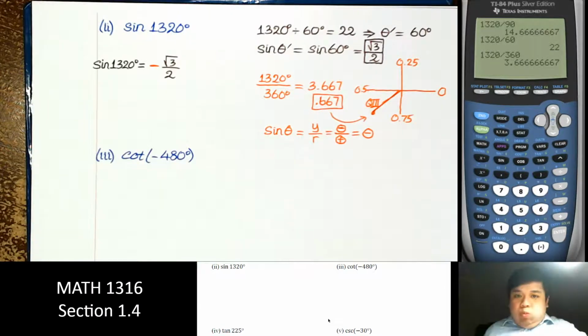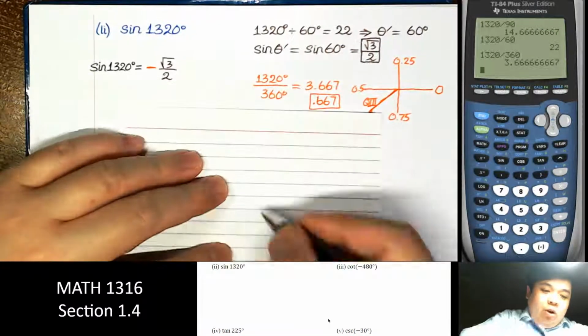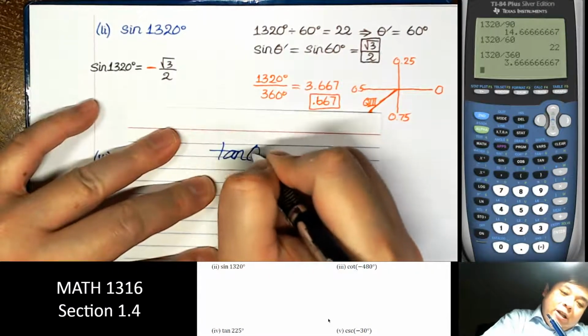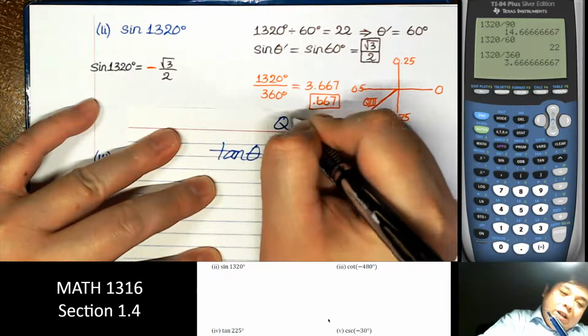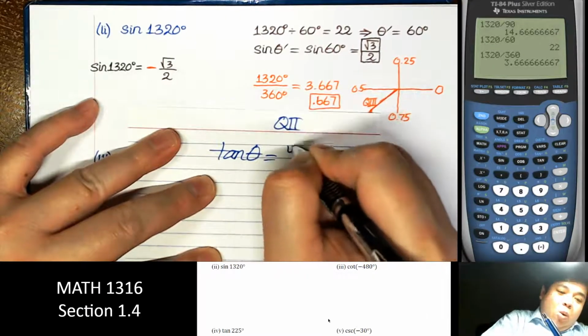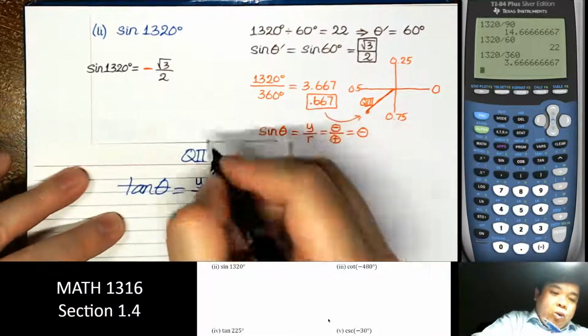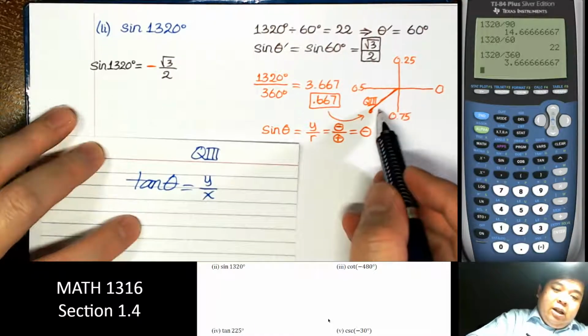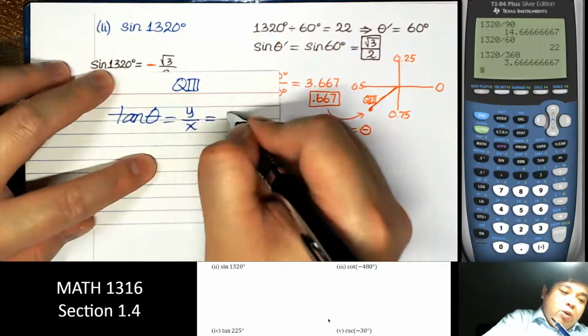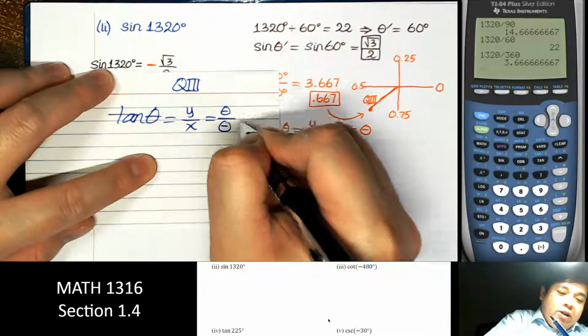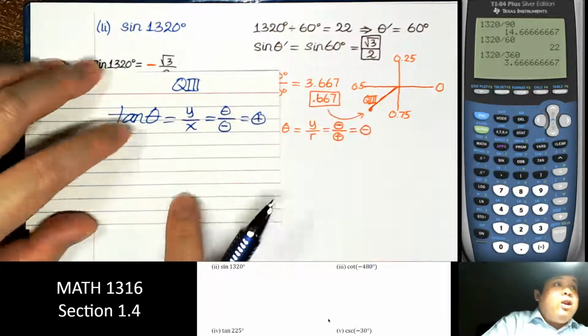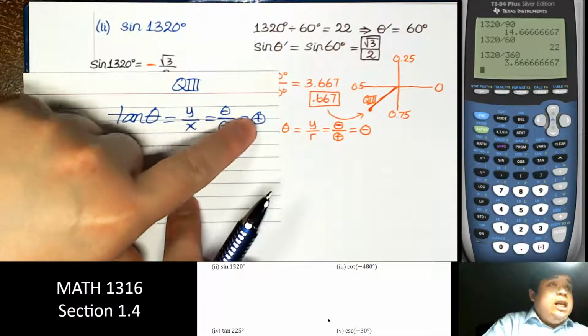See, if I ask you what is tangent in quadrant 3, tangent is y over x. In quadrant 3, x and y are negative, so negative divided by negative is positive. So tangent in quadrant 3 is positive.